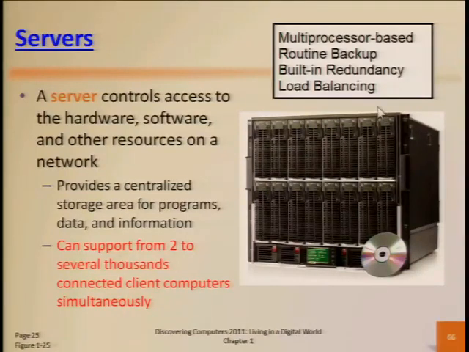And because it serves many users, we talk about multi-processors. In the past, when PCs were using only two cores, most of the servers were talking about 8 core, 16 core, 32 or 64. That means they have multi-processing, right? And also you have built-in redundancy.